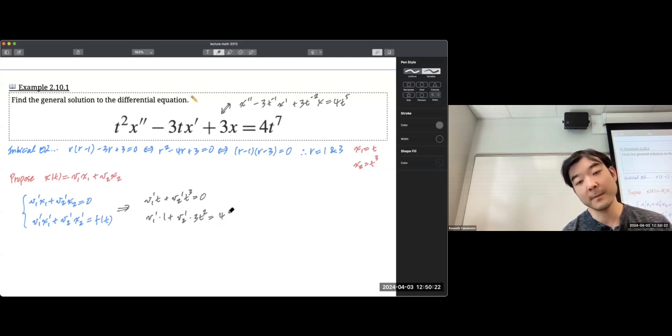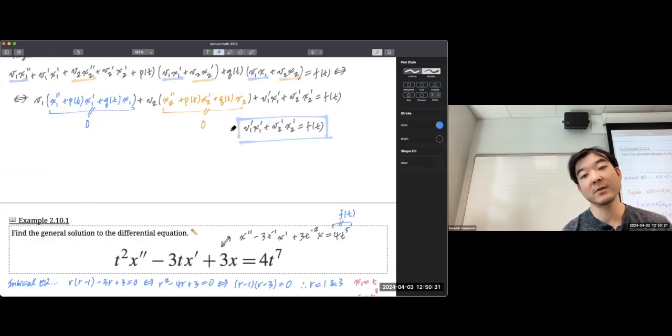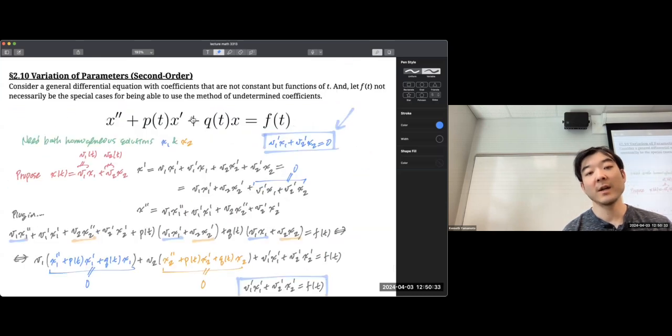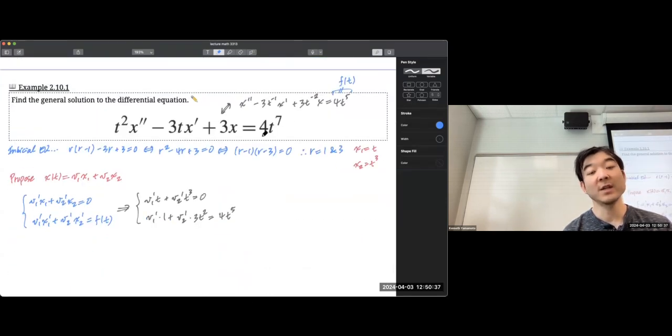So that's your f of t, because the formulas we had derived started with there being a 1 in front of the x double prime. That means you're just dividing everything by t squared. These middle terms don't really get used anyway, so you could just go straight and take the right-hand side terms and divide by t squared, and you'll just get this.